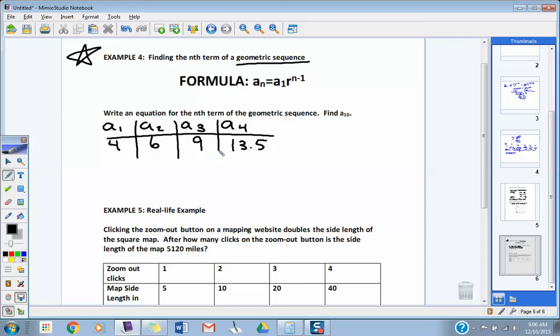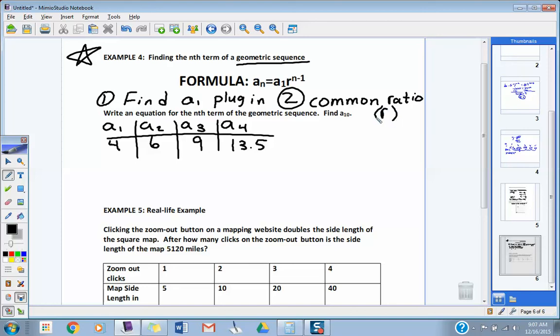Job number 1 is this. Find your starting value or your first term and plug it in. Second then is this. Find your common ratio R.